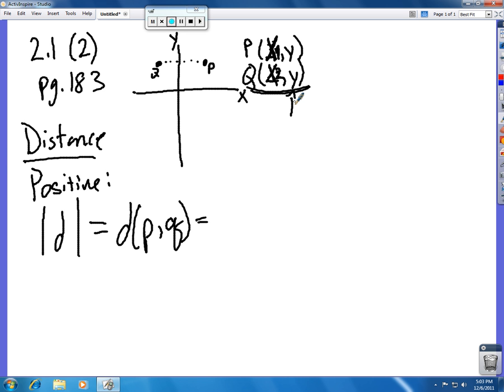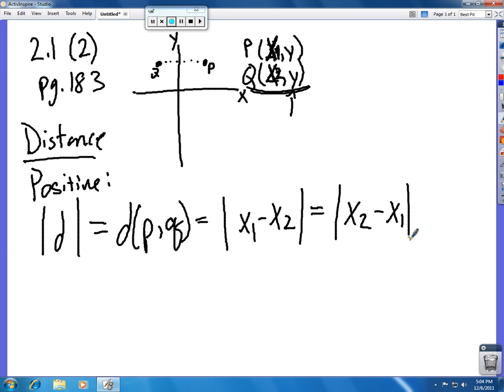So I just left out the x part. Your generic formula for your distance will be the absolute value of x1 minus x2. And because you're taking the absolute value of this, you can actually say your same distance will be x2 minus x1. In the end, they'll be the same exact thing. So that's why we can state they're equal here.